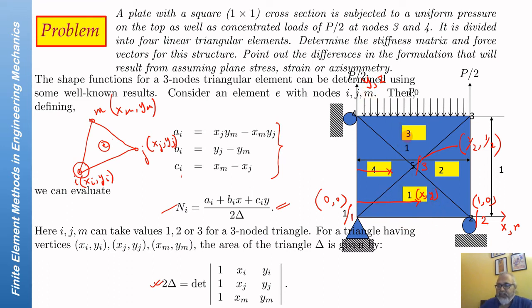The only forces that are being generated by any element is element number 3, which has a constant distributed load going from between nodes 4 and 3. 4, remember, has coordinates 0, 1, and 3 has coordinates 1, 1. And so we have to take an edge load on this surface. How will we handle it?